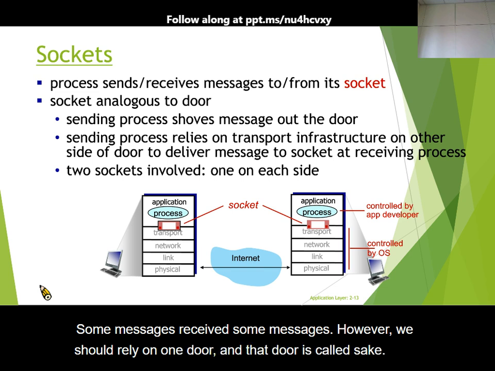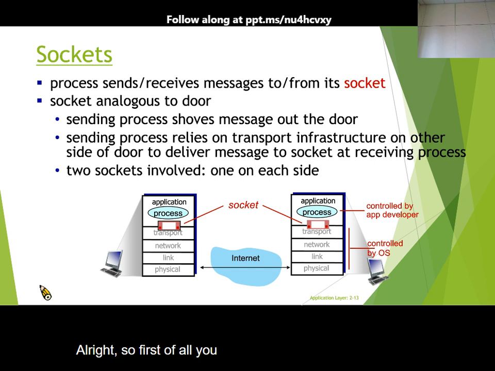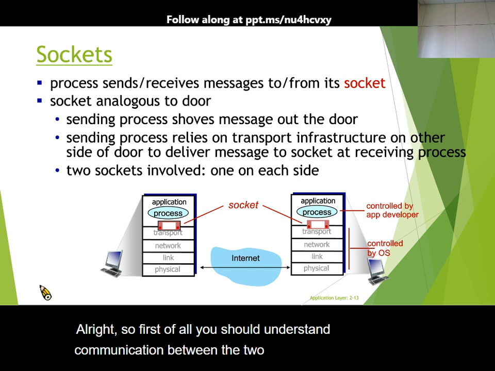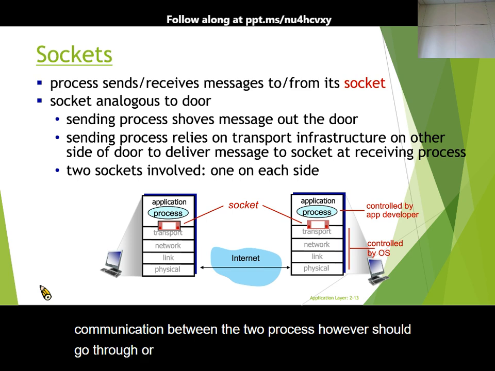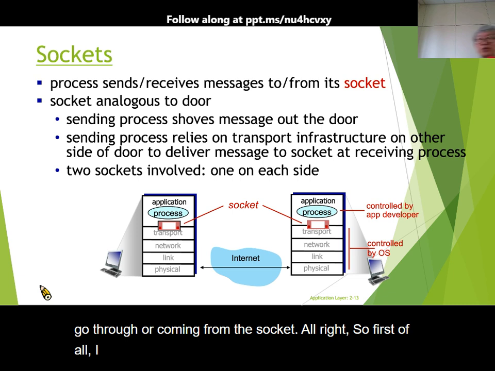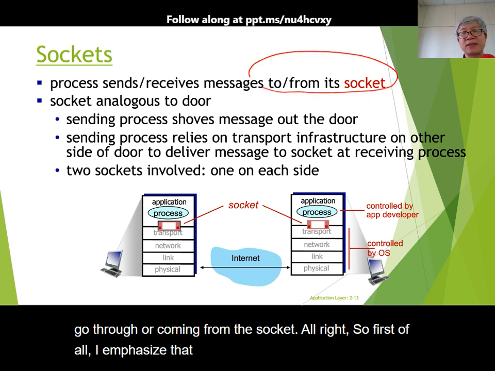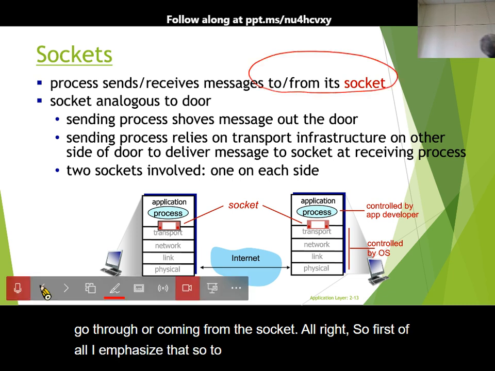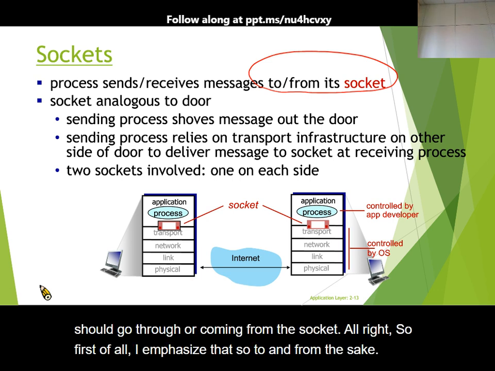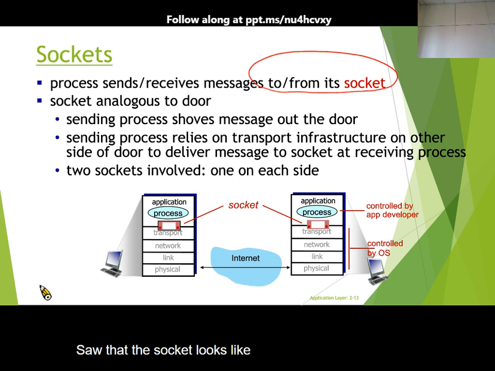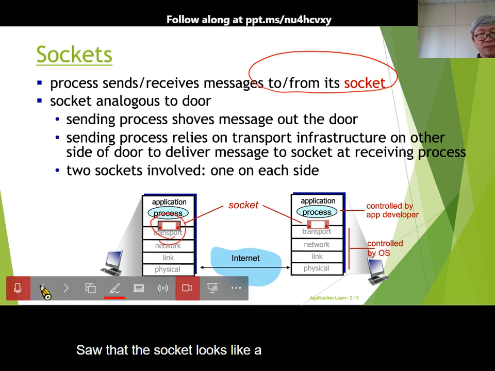Alright, so first of all, you should understand communication between the two processes should go through or come from the circuit. So first of all, I emphasize that. So, to and from the circuit, so that the circuit looks like a door here. Right?